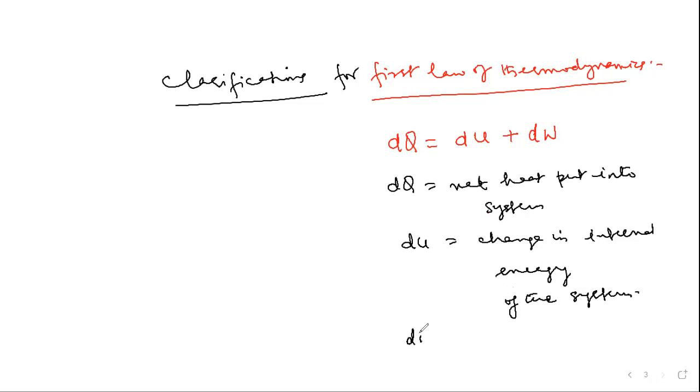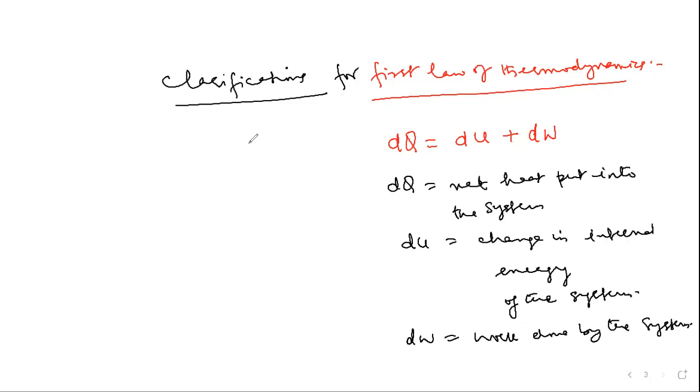And dW here is work done by the system, right? So dQ is net heat put into the system, du is change in internal energy of the system, dW is work done by the system.